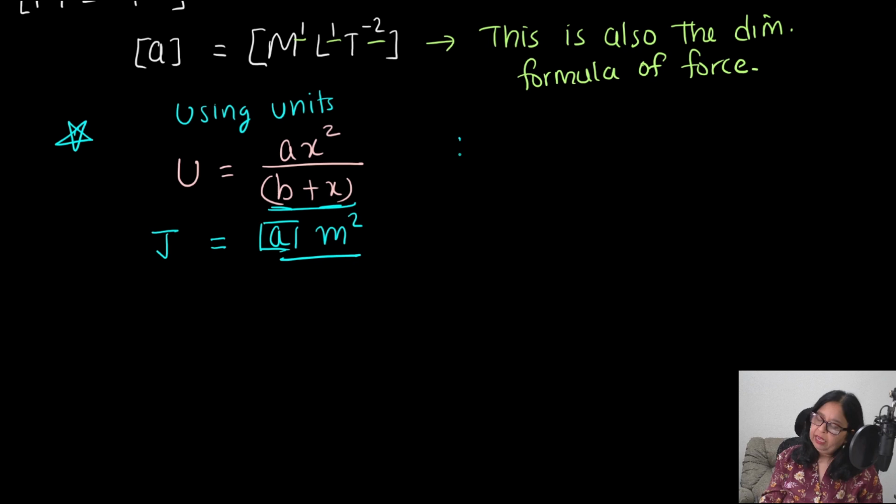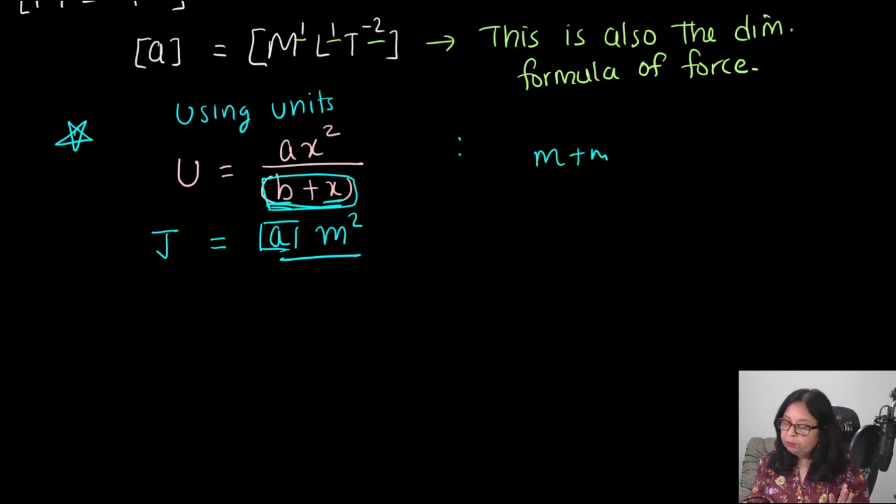B plus X, this is one term. Here each term has same unit. So you're not going to get here meter plus meter or meter times meter at the bottom. You're going to get just 1 meter. Why? Because X and B, they have the same dimensions.